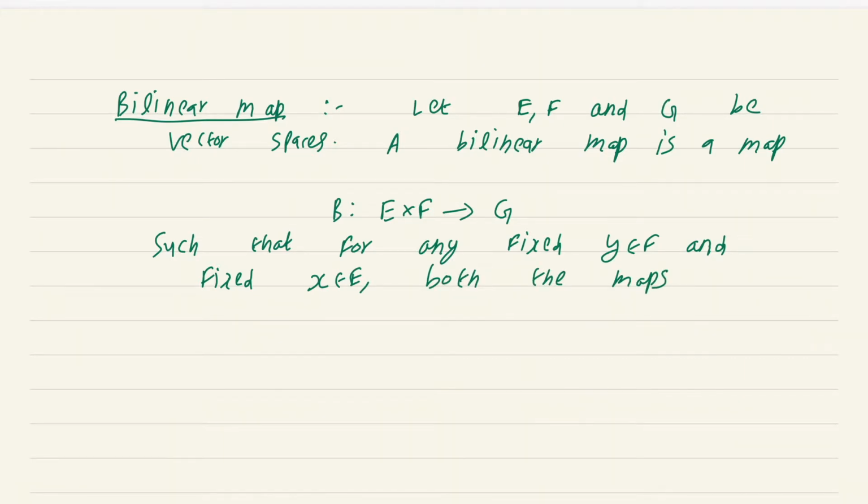So you fix the first slot to be x and treat the second slot as a variable, so you get a map from F to G, and you treat the first slot as a variable and the second slot is fixed, so you get a map from E to G. Both these maps should be linear.